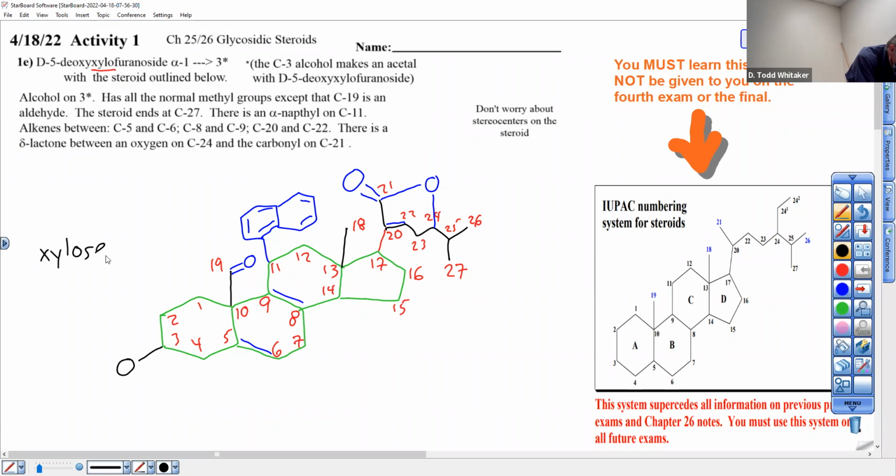Xylose. It's probably, I think from my memory, a pentose with 3 stereocenters. Can you tell me how they go? Left on the top one or right? Right. So it goes right, left, and then right. And that's D-xylose.